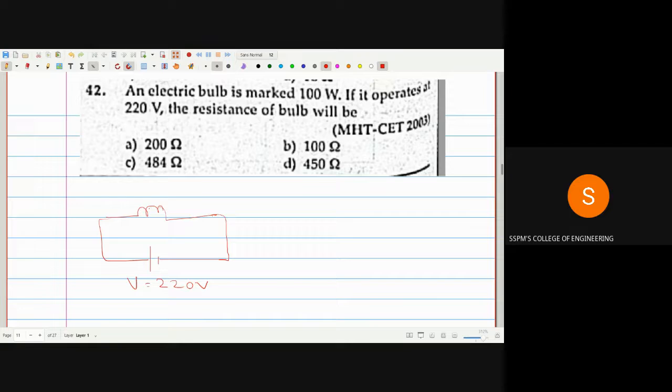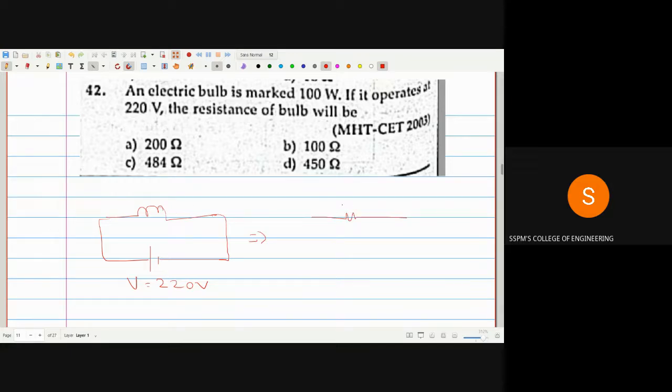आता बल्ब मध्ये काय असतं तुमचं एक कनेक्टिंग वायर असतं, मला वाटतं टंगस्टन वायर असते. दिस वायर इज अ कंडक्टिंग वायर and that conducting wire can be represented as a resistance. Isn't it? So same circuit तुम्ही ह्या फॉर्म मध्ये पण ड्रॉ करू शकता.